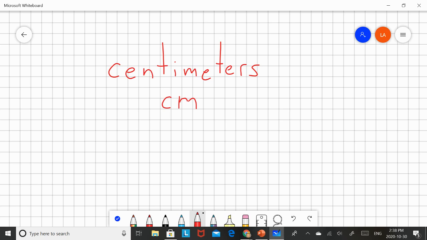So when you do your measuring, if you find something that is 7 centimeters tall, then you will write 7, and then you can write centimeters. Got to make sure you remember that unit of measurement in your work.